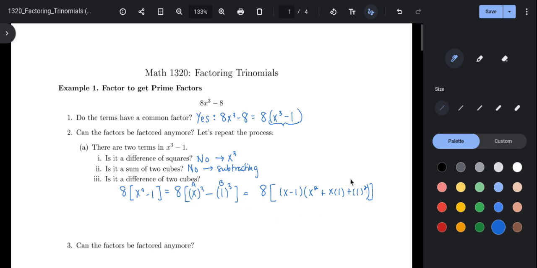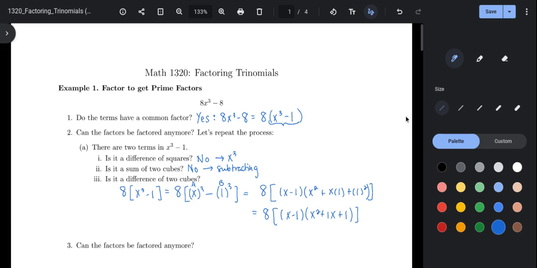And so then we can carry out this multiplication. So we end up getting 8 times x minus 1 times x squared, x times 1 is 1x, and 1 squared is 1. So now we have factored our one factor of x cubed minus 1 into two separate factors that are x minus 1, and then x squared plus 1x plus 1.